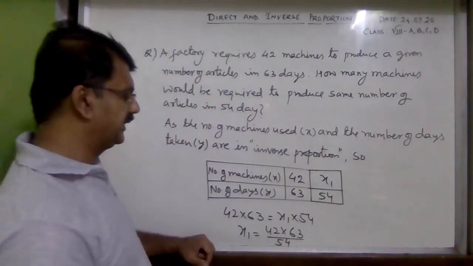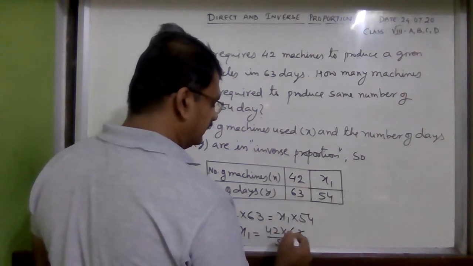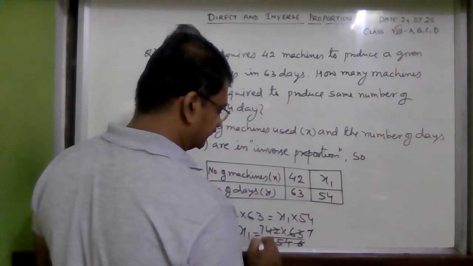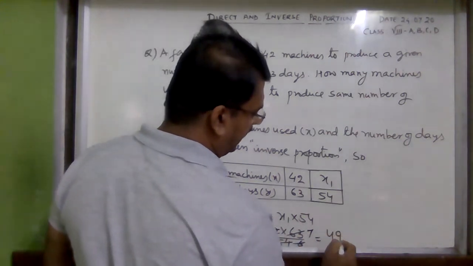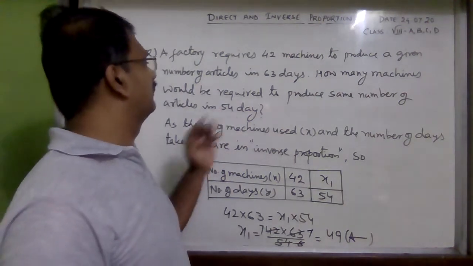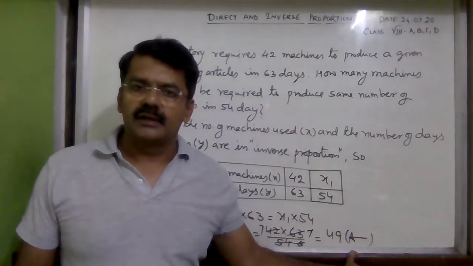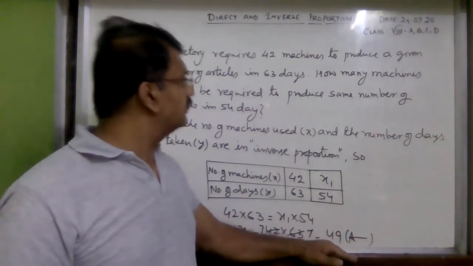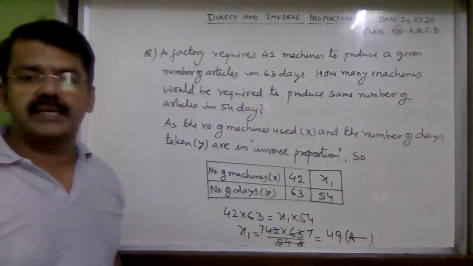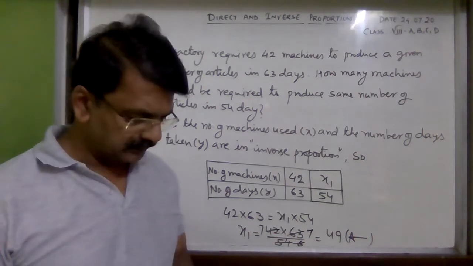So you cancel it by 9. 49 is your answer. That means if you want to complete the work in 54 days instead of 63 days, you should use 49 machines instead of 42 machines. Clear? So the answer is 49 machines. Now the next question.